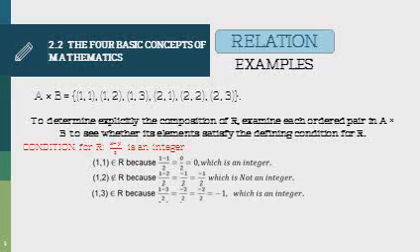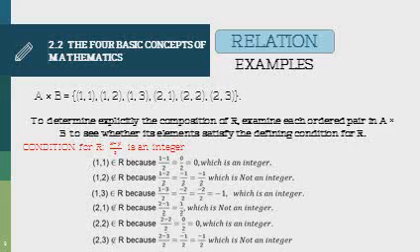The next one, (1,3) is an element of R because 1 minus 3 over 2 equals negative 2 over 2, and since pareho naman sila ng value, pag i-divide mo yan, the answer will be negative 1. So that is an integer. Ayan. So ganon lang gagawin nyo. Substitute lang doon sa condition, tapos i-determine nyo lang based doon sa given condition kung i-consider ba natin if that is an element of R.